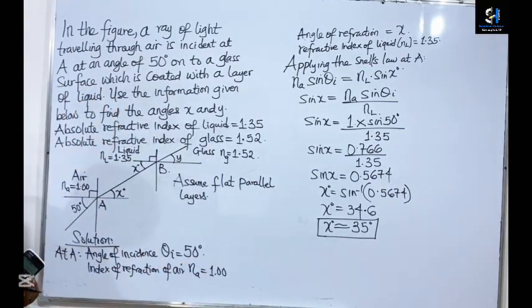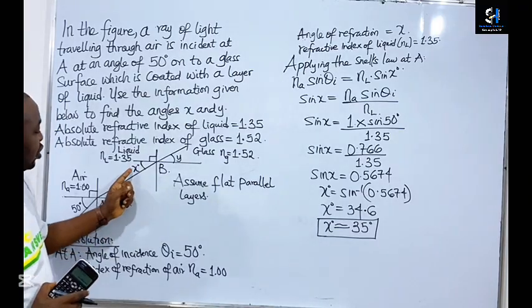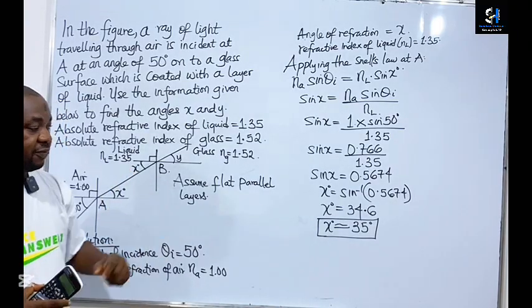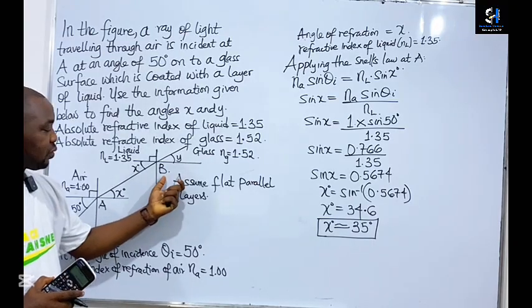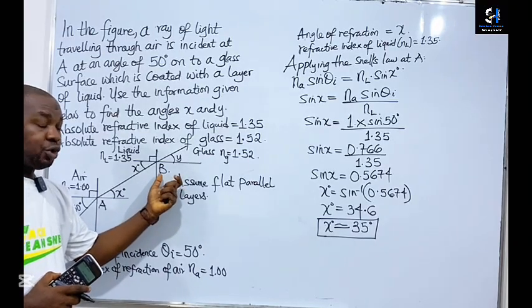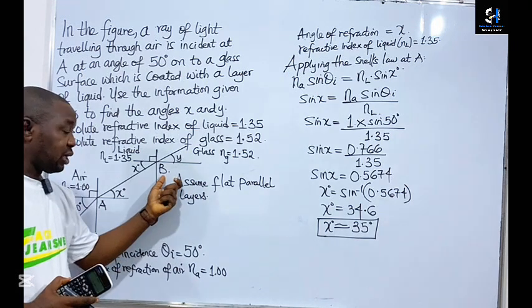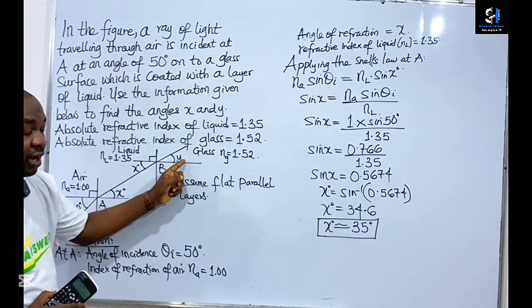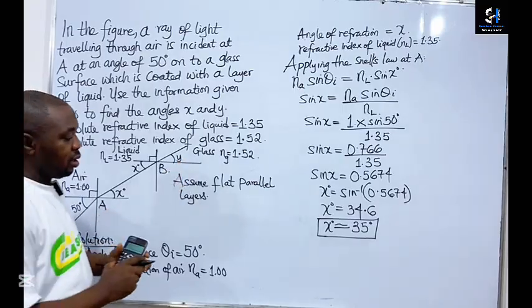So the size of this angle is 35 degrees. Now I'm going to apply Snell's law at B so that we can find the value of y.